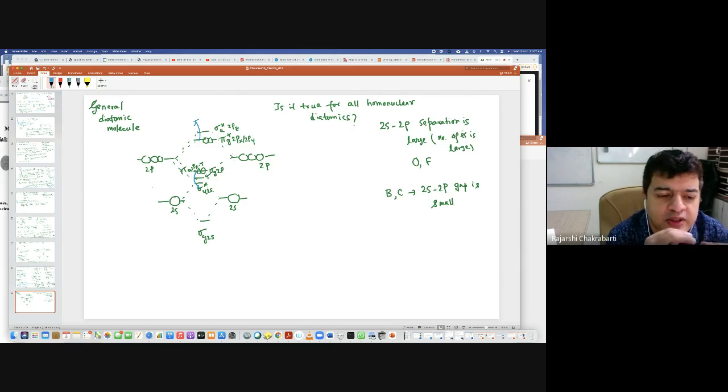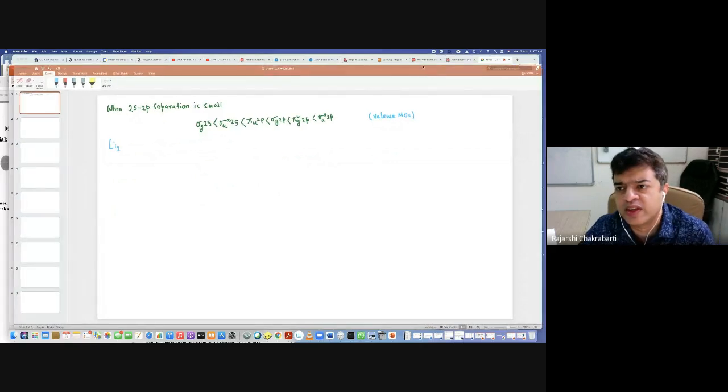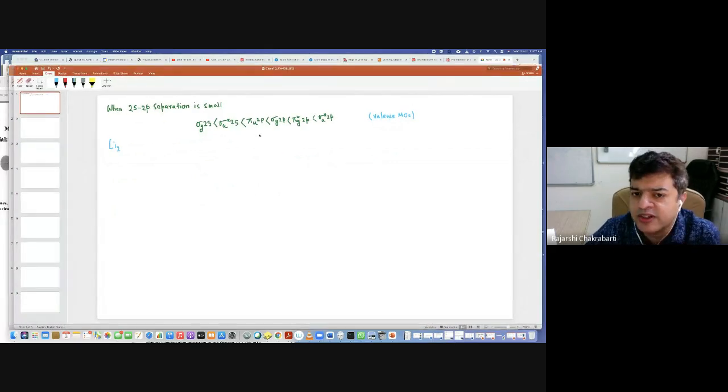As a result, there will be mixing between 2s and 2p, and this order is going to change, and this is what is reflected here. I think you should have read this in inorganic chemistry earlier. Essentially, this is what is happening. This order is going to change from oxygen onwards, but for lithium it is the order.